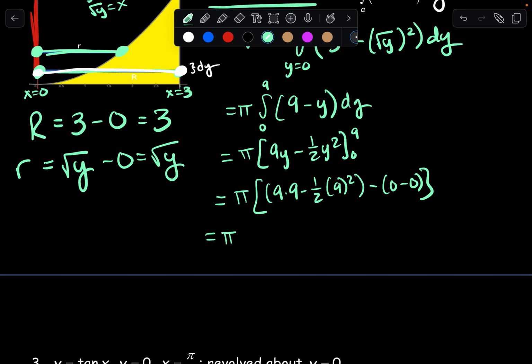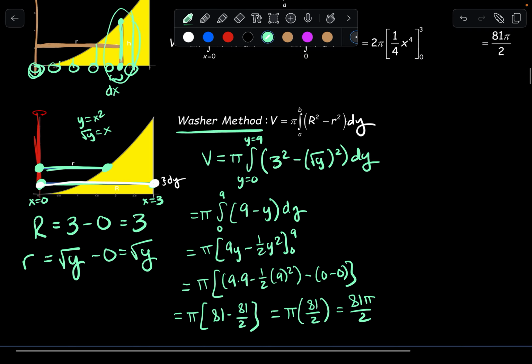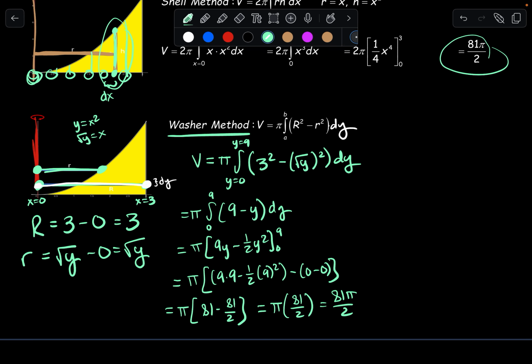If we keep going, we have pi. We end up with 81 minus 9 squared is just 81 over 2. So this is like 1 minus 1/2, okay? 1 minus 1/2 is just 1/2. So we get pi times 81 over 2, which is equal to 81 pi over 2, which is what we got for the first part.